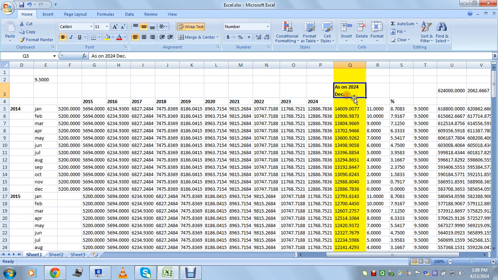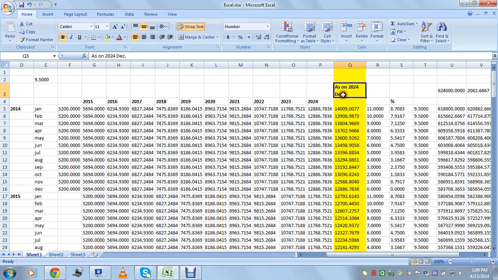If you fix your timeline to see the deposit returns for each amount you invest monthly as on December 2024, instead of January, you take the month end of that year as your withdrawal date.